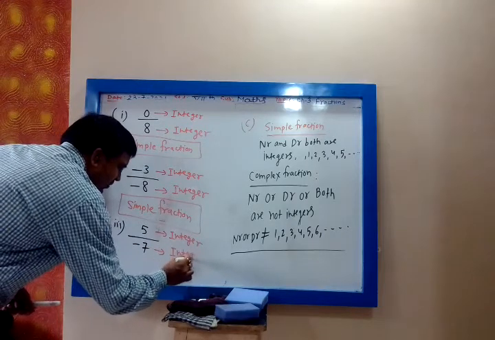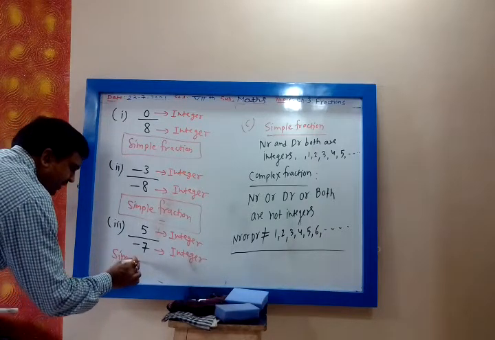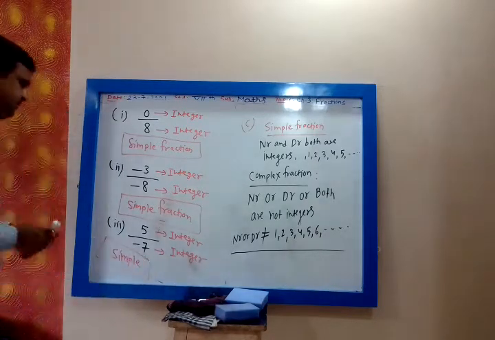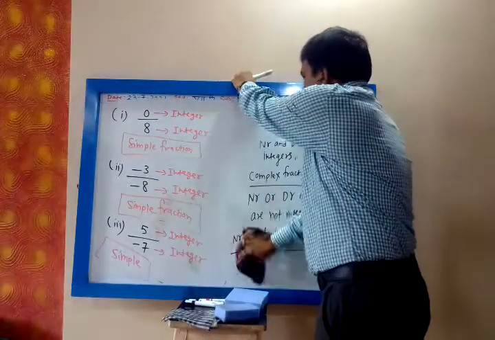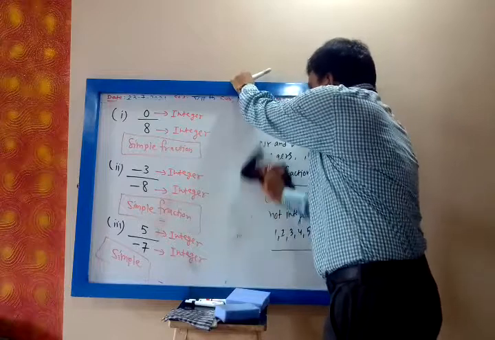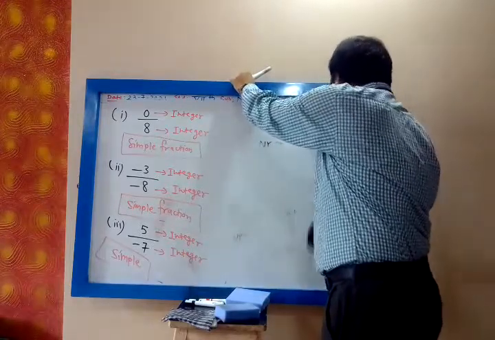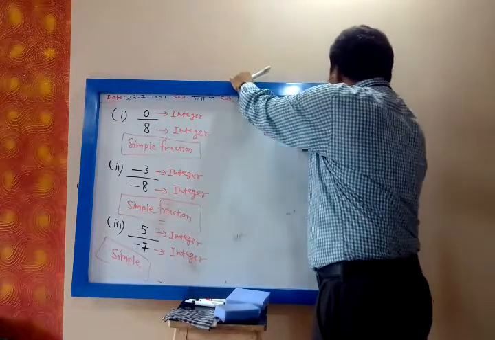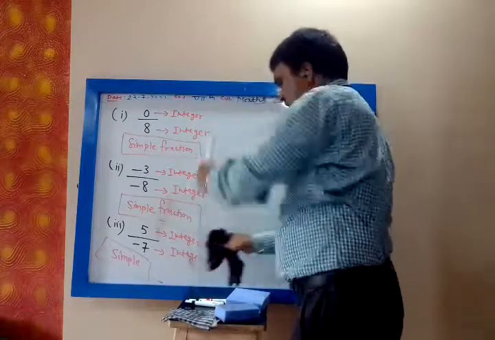So when numerator and denominator both are integers, then it is a simple fraction. When numerator or denominator, any one or both, are not integers, then it is a complex fraction.